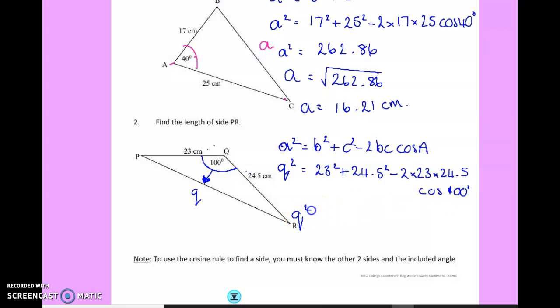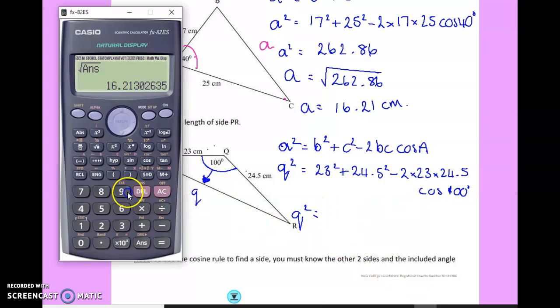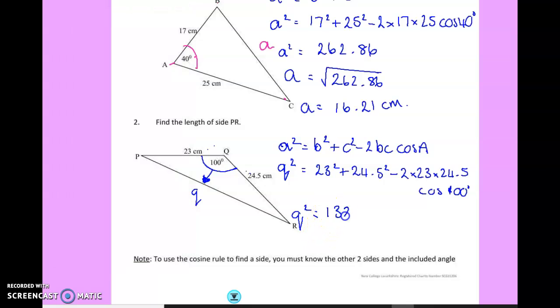Typing that into a calculator. 23 squared plus 24.5 squared minus 2 times 23 times 24.5 cos 100. Close my bracket. That gives me 1324.95.